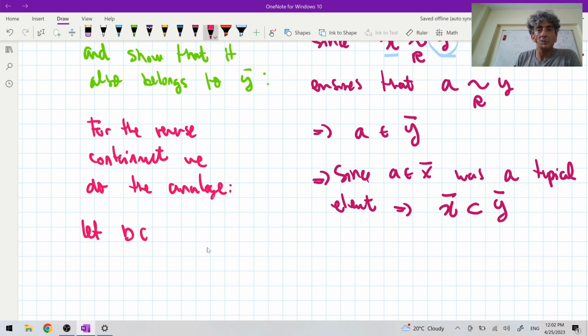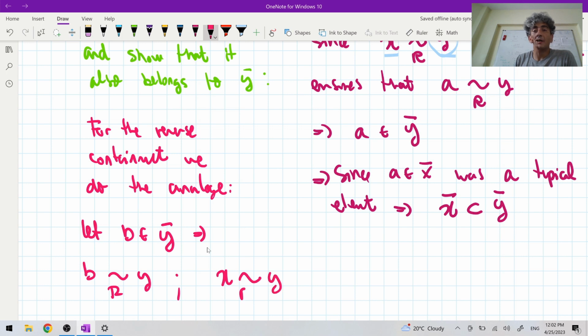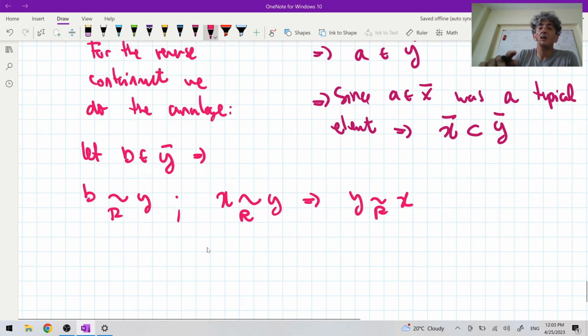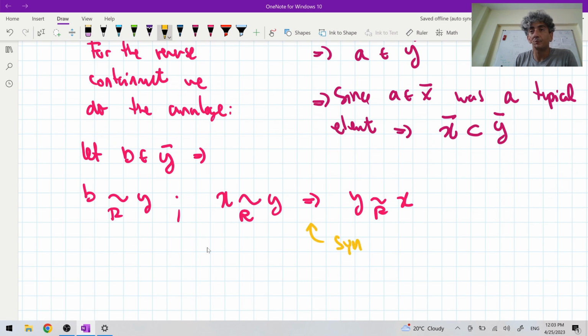Let B belong to the class of Y, and we need to show that it belongs to the class of X. So this means that B is related to Y, X related to Y implies that Y is related to X, and now this is possible because of symmetry. Okay, R is symmetric, so whenever we have these two related in this way, we also have these two relating in this way.